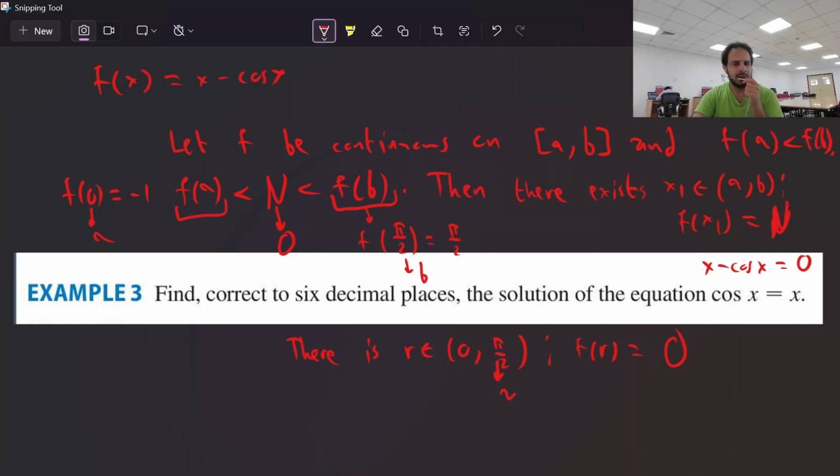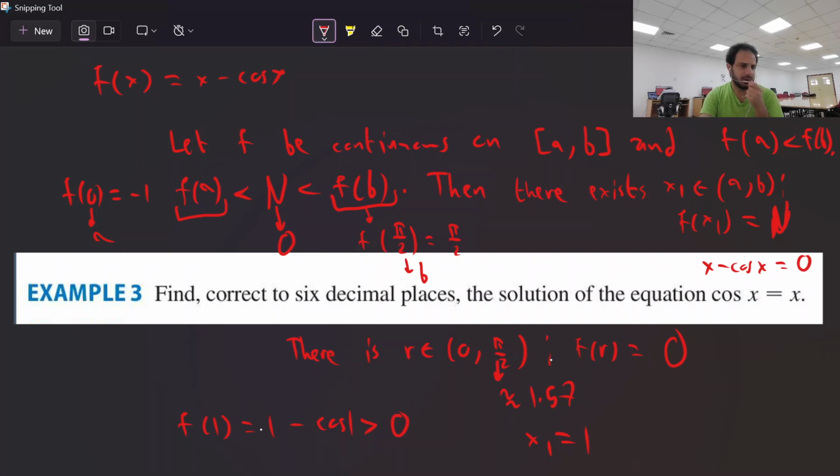Pi over 2 is nearly 1.57. So you can choose x1 equals 1 if you want. You can choose any number between 0 and pi over 2. 1 is good because if you calculate f(1), you'll have 1 minus cosine 1, which is also positive.